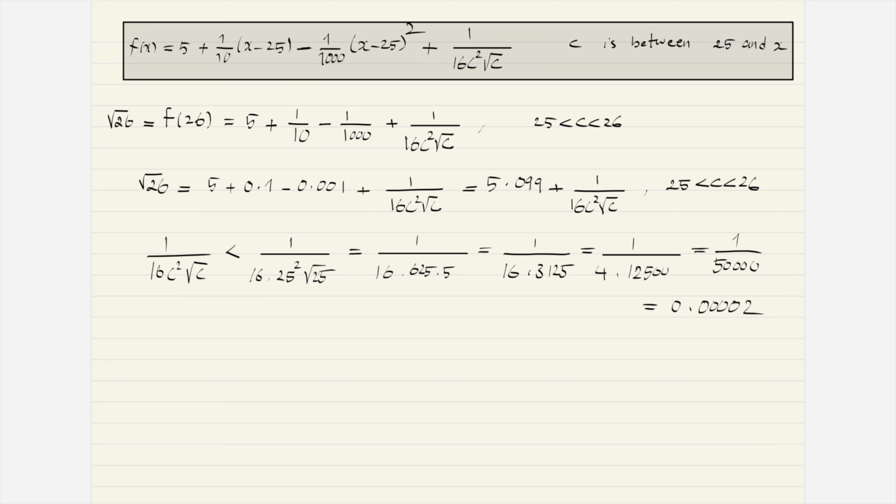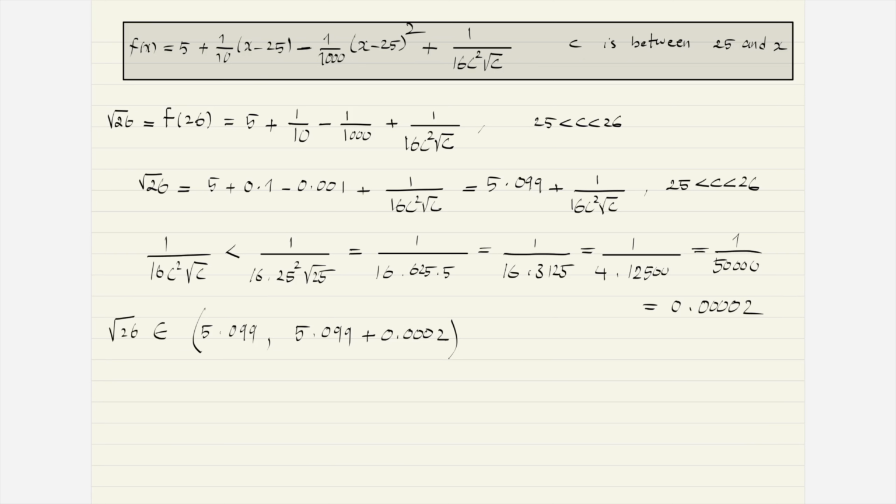So if I am interested in the interval that I am sure the square root of 26 lies in, the interval would be this number up to 5.099 plus 0.00002. So this is the interval that I am certain about, that the square root of 26 belongs to.